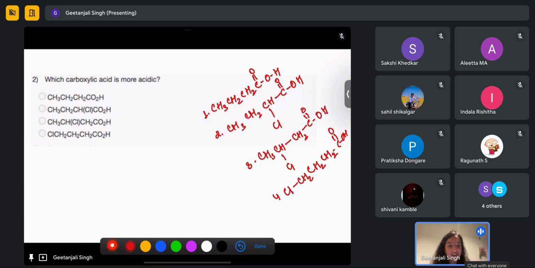I'm sorry for the congested writing for the fourth option. You see the substituent in 2 is on second carbon.